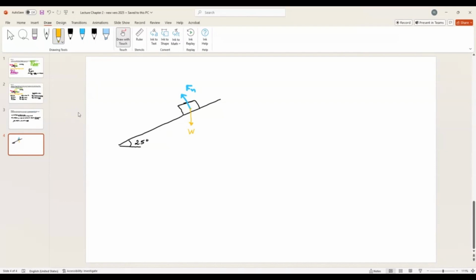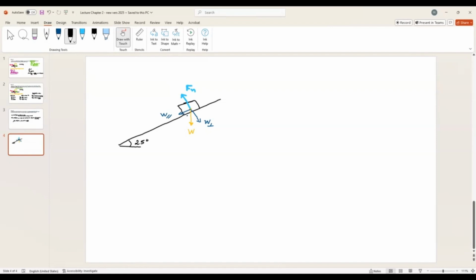You will have one component parallel to the surface of the incline. We call this W parallel. And you will have another component that is going to be perpendicular to the surface of the incline. I will call that W perpendicular.